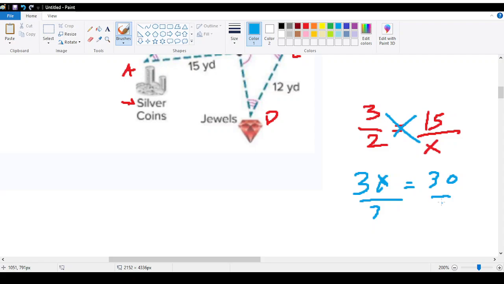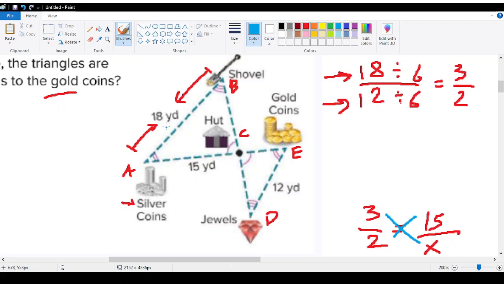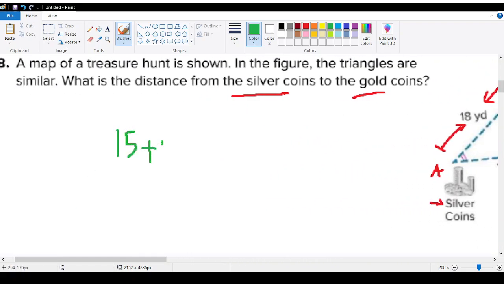Divide by 3 now, both sides. We will end up with x how much? With 10. Okay. Now he needs the total distance. How much will it be? He knew the distance from the gold to the silver. 25. Yeah, that's right. How did you find it? You add 15 and 10.